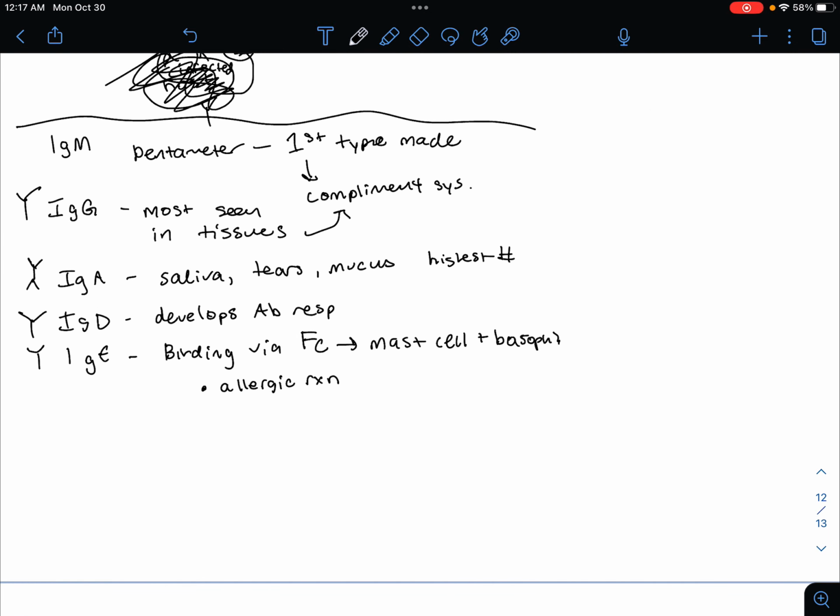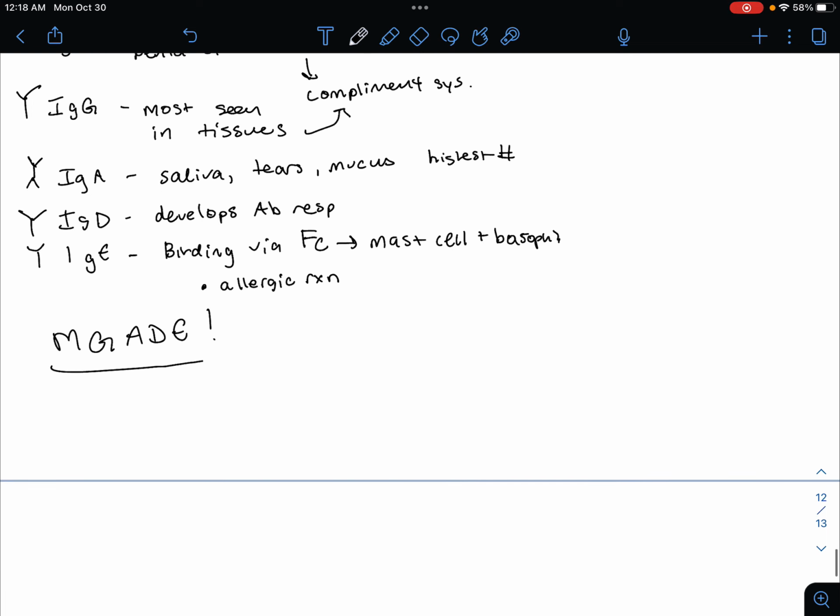Okay, so we have MGADE, M-G-A-D-E, as a fun acronym used by my professor to remember all of them. So M-G-A-D-E. And then G for tissues, A for saliva, tears, and mucus. A has the highest number. D is development. E is the Fc to the mast cell, so allergic reaction. Okay.